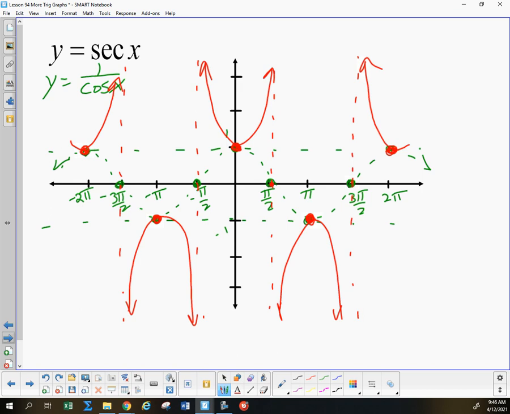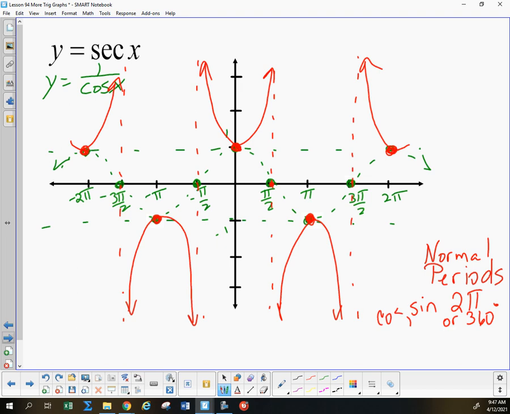So let's look at these two for a moment and make a couple of observations about them. Remember, normal periods. For sine, it was 2 pi or 360 degrees.